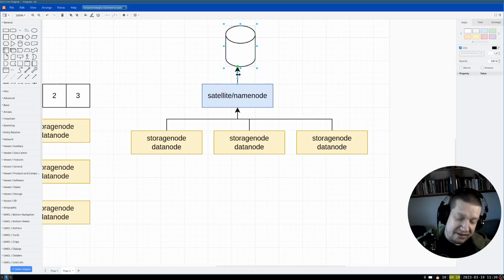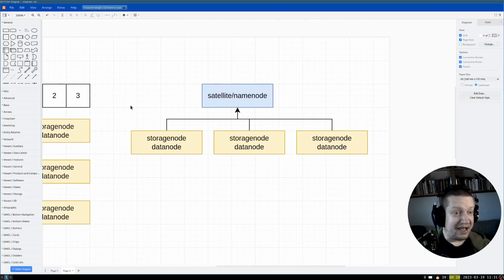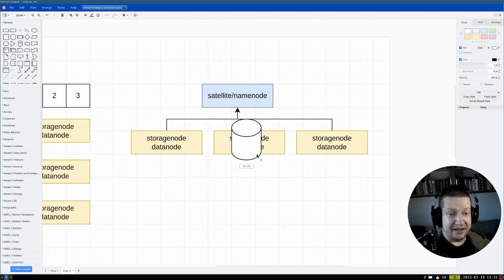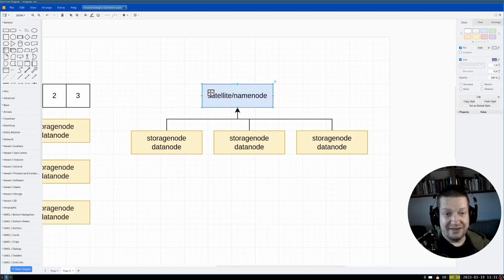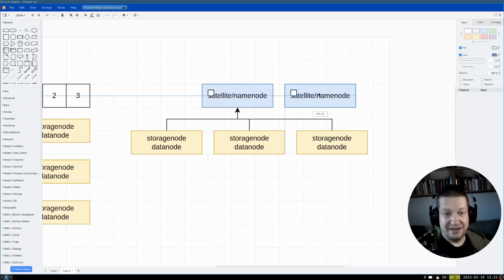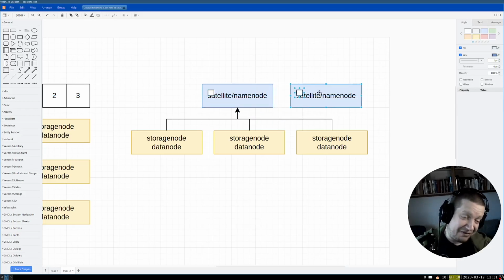HDFS and Ozone use a different approach and try to solve this problem on their own. So inside here we have some kind of small database which stores the data, and the replication should be solved on our own. Which means that, first of all, it's way more complex because you need to implement something.